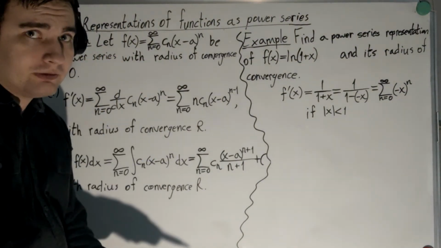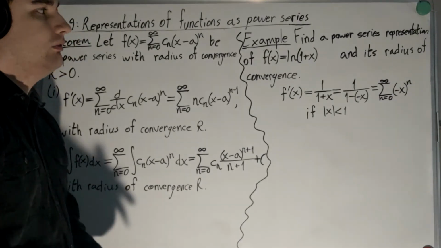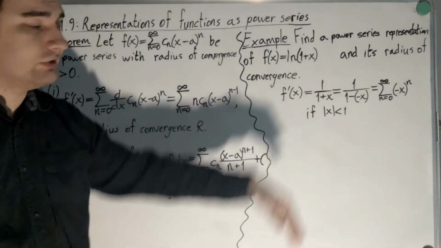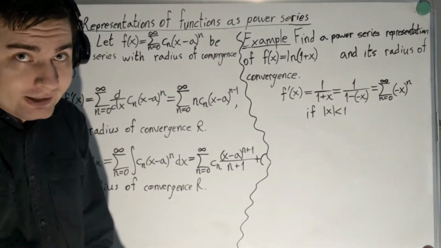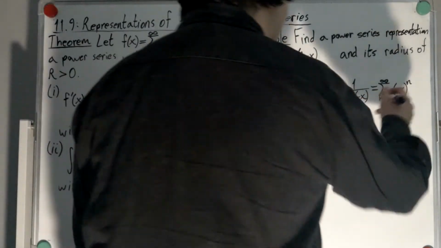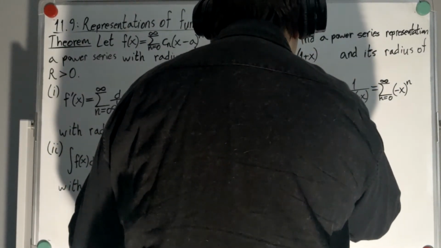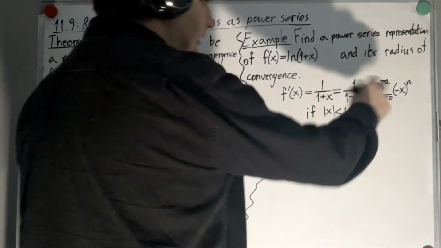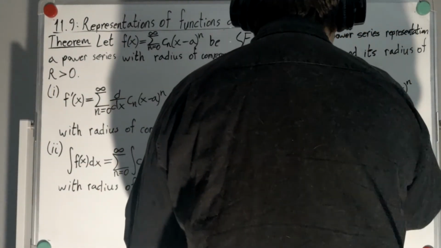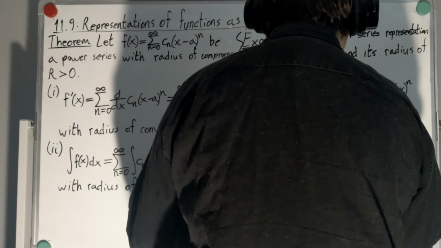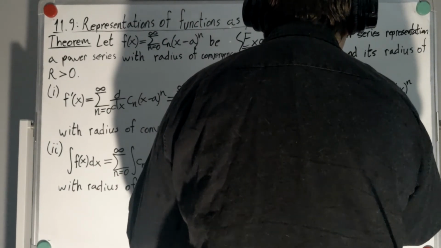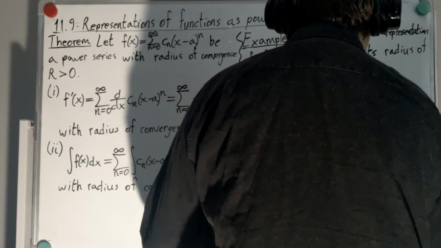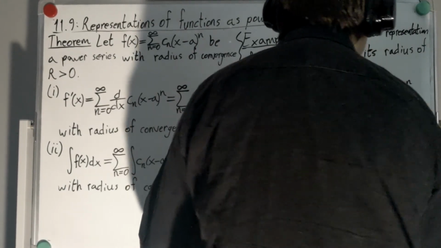Alright, so that's the derivative. Once again, what we really want though is this. So we're going to have to take the antiderivative of both sides, in other words, the indefinite integral of both sides. So ln of 1 plus x is going to be the integral of the sum from n equals 0 to infinity of negative 1 to the n times x to the n dx.